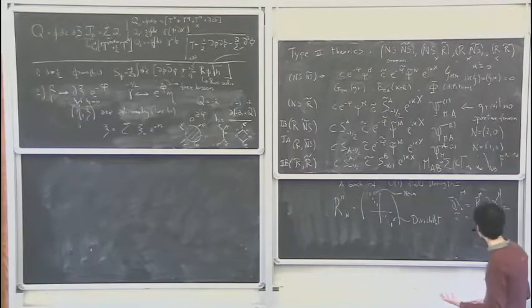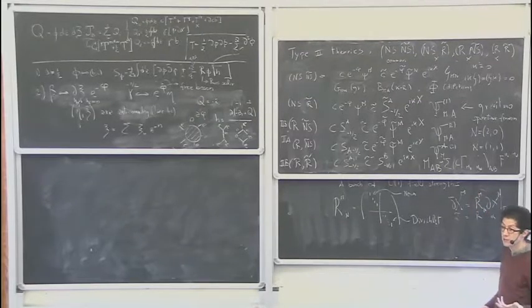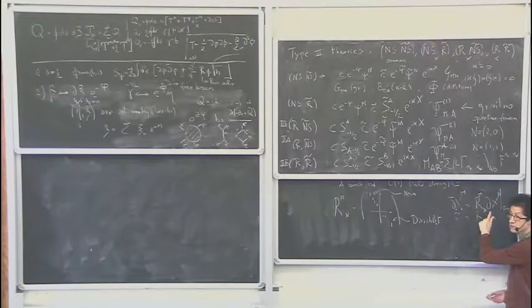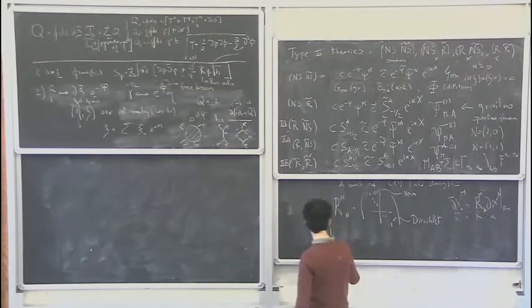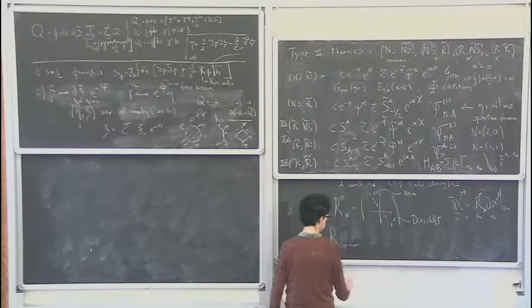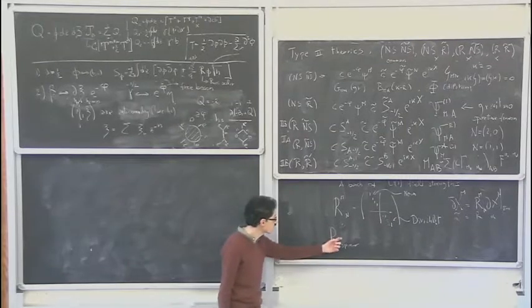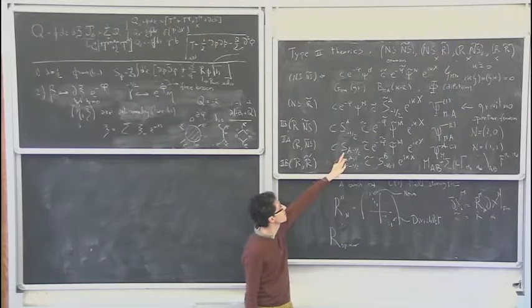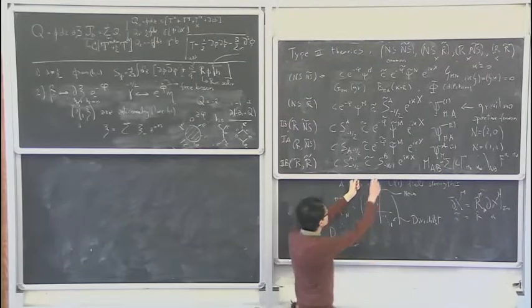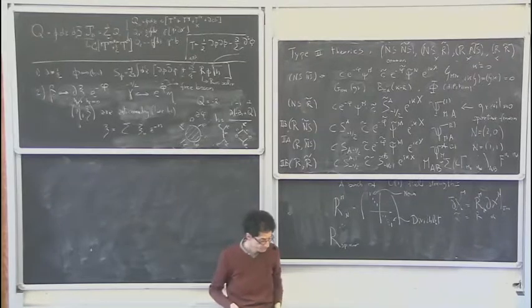So you want to find the same object in a different representation. So this is in a vector representation because it has vector indices. And now I want to find the same object in a spinor representation, R spinor. And then once I have an object that has spinor indices, I can act on this S, and I can find an identification between the S tilde and the S.